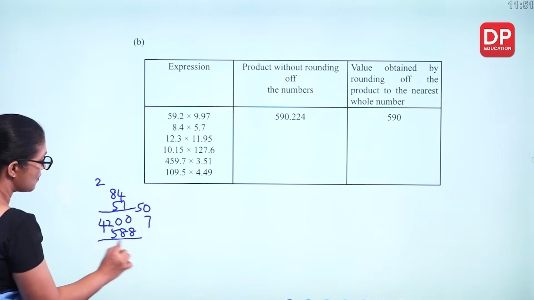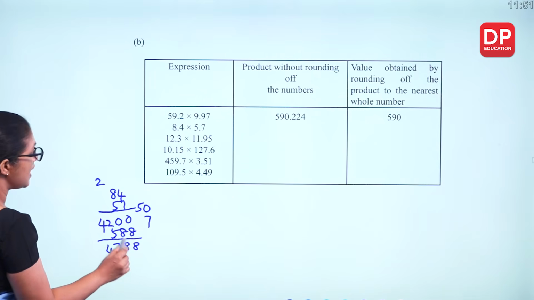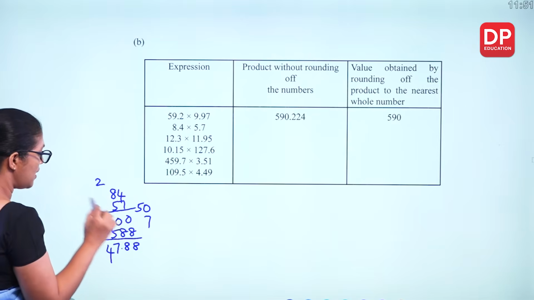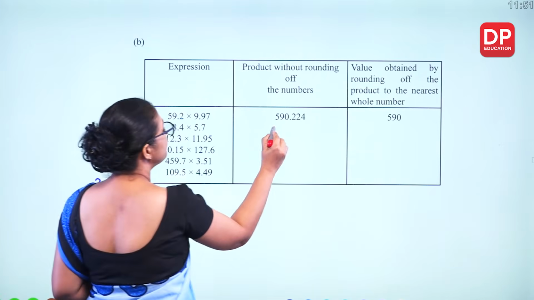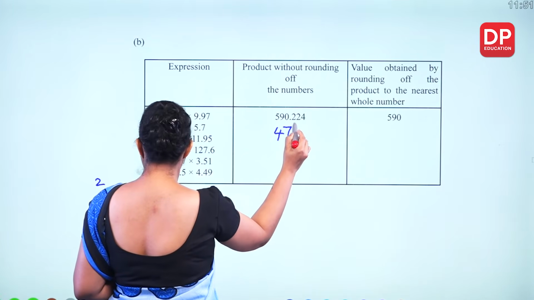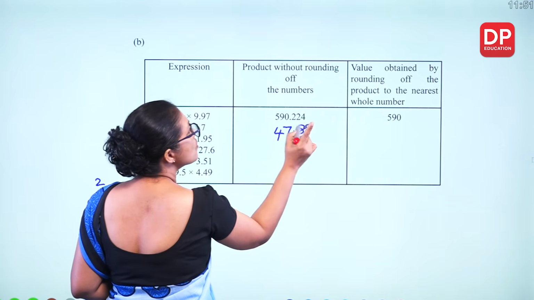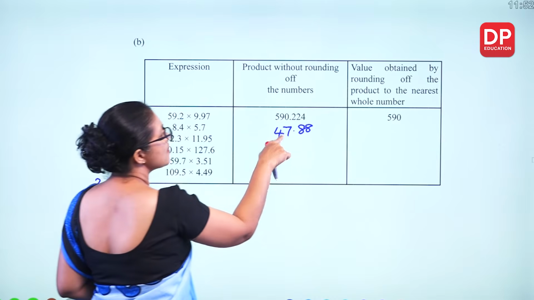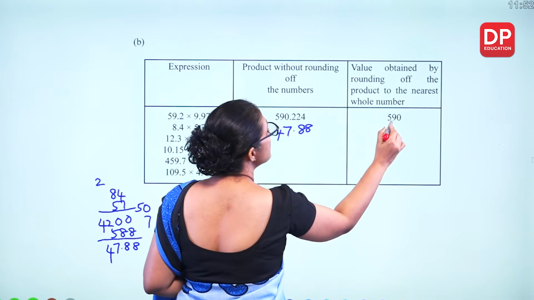So you get this one, add it together, 4788. So 2 decimal places are there. So you have to keep this one, 47.88 to the nearest whole number, it's 48.